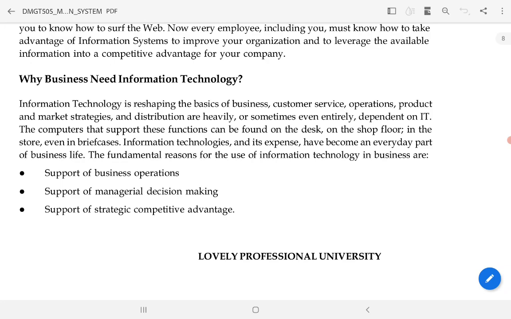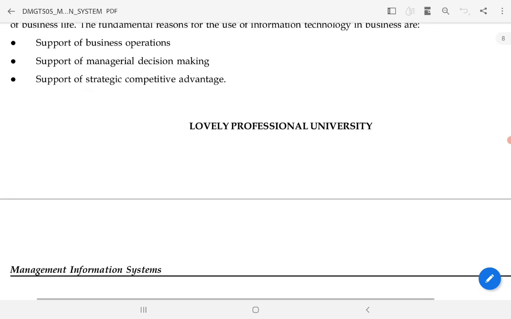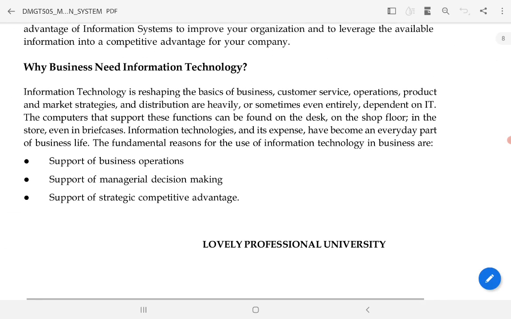Similarly, support of managerial decision making, to take appropriate timely decisions by the managers, departments and officers of the organization. And support of strategic competitive advantage, so we need information technology, IT.